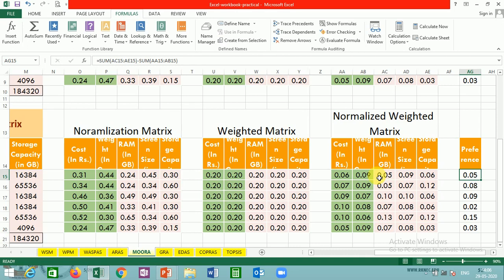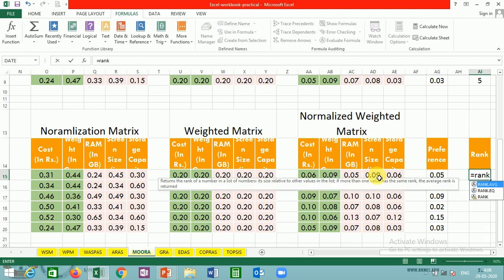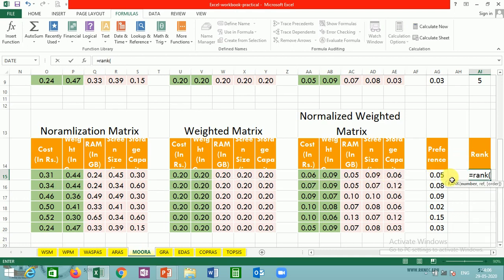So we have calculated the preference value, now the rank value. So rank this value with the selected range. We shall fix it, freeze the range, close the bracket, and just press enter. So now we are dragging it and we are getting our rank values.